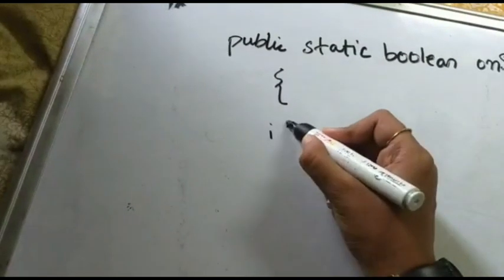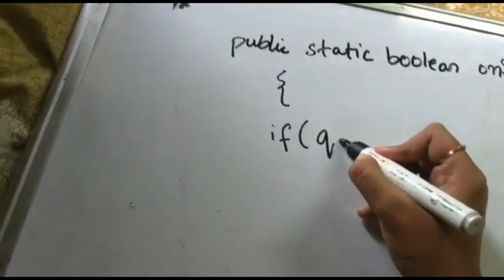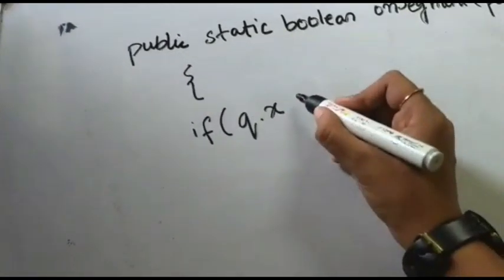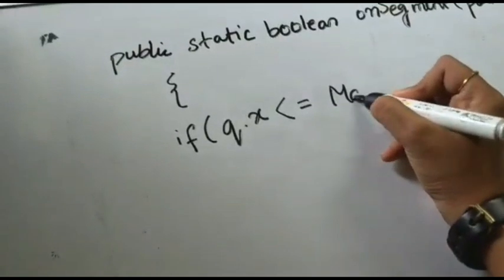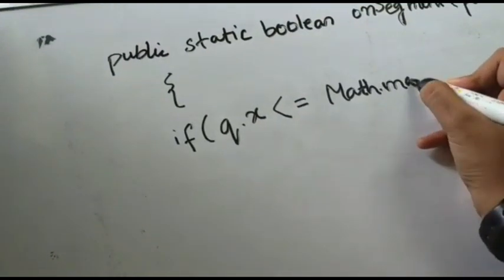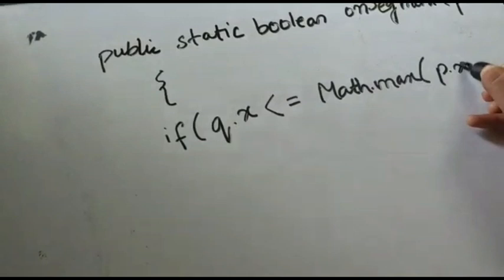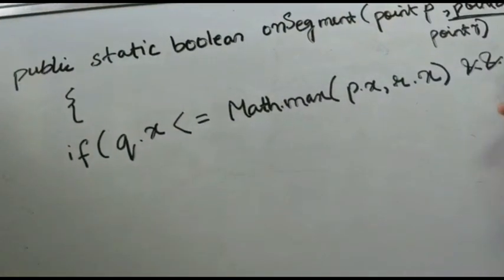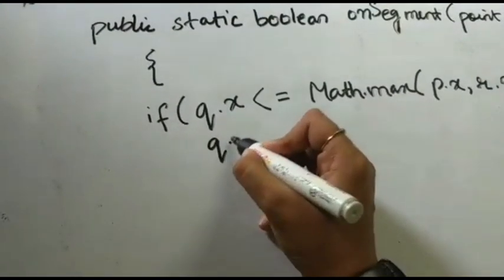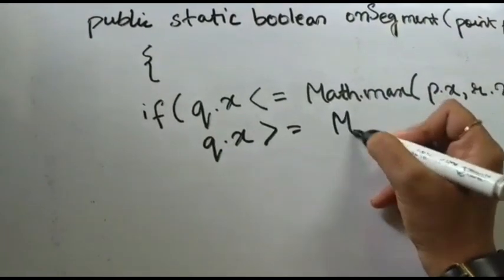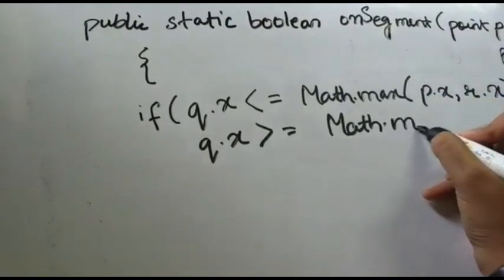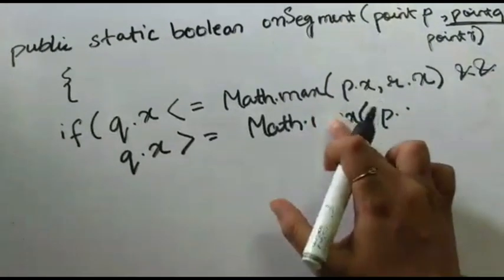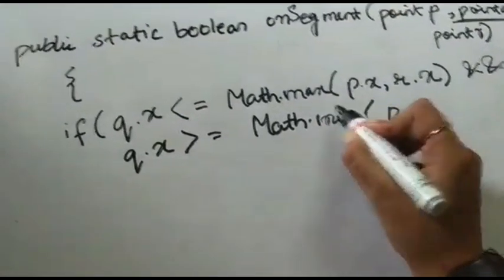I'm going to take a simple conditional statement: if q.x, that means the x coordinate of point Q, is less than Math.max(p.x, r.x) and q.x is greater than Math.min of these two.